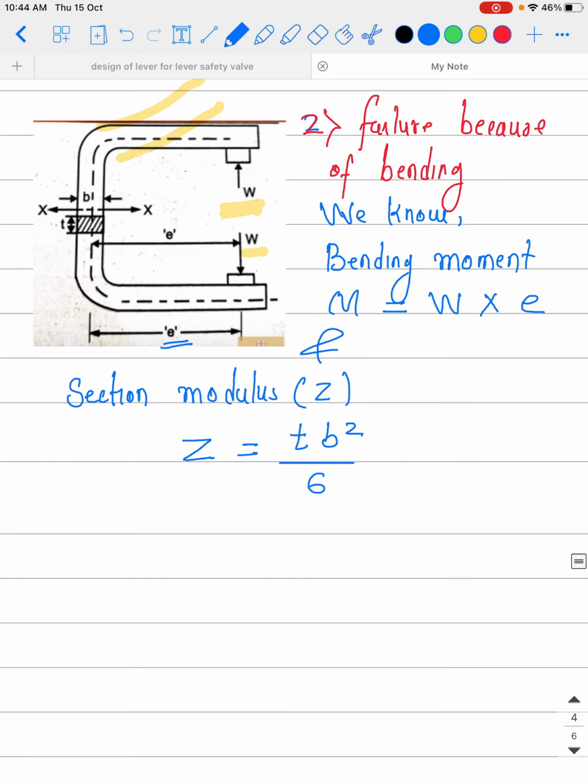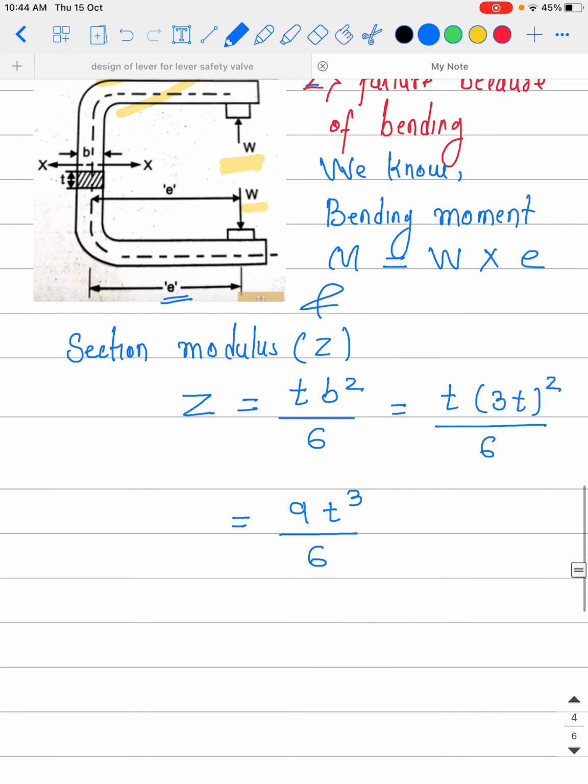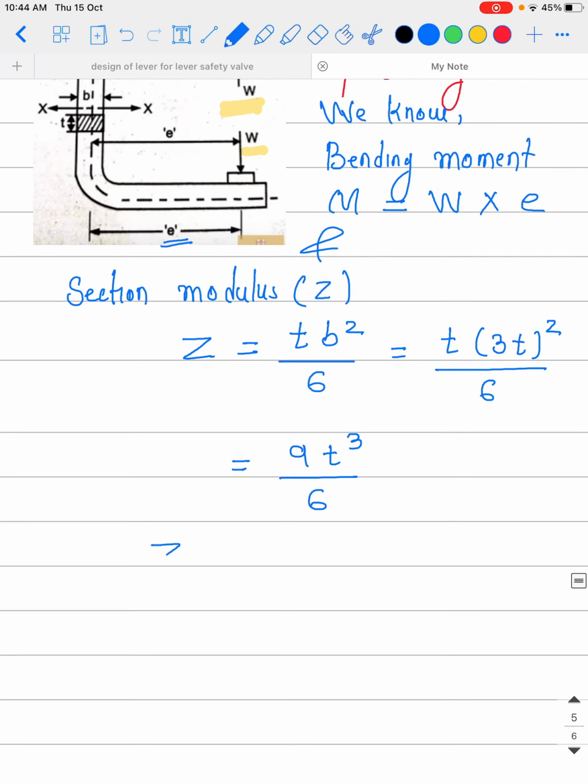So from this we can say T multiplied by 3T square divided by 6. This turns out to be 9T cube divided by 6, and we can say Z is equal to 1.5 T cube.